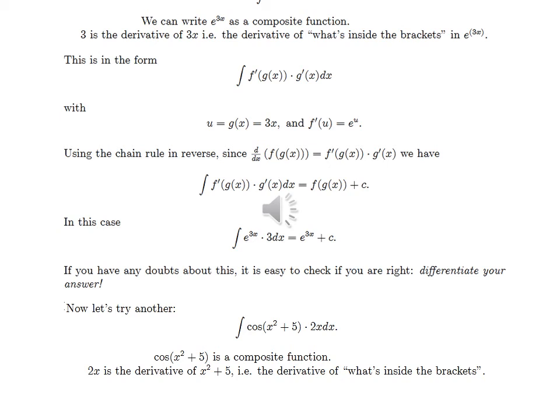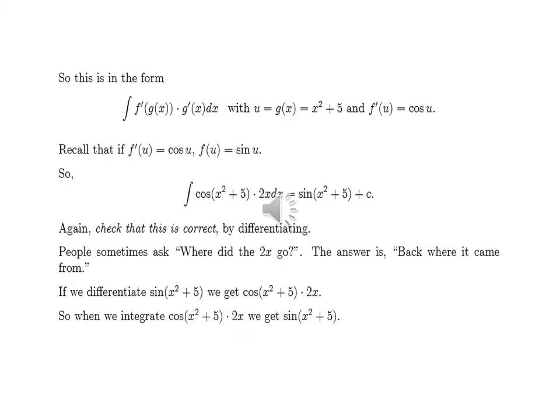So this is in the form integral of f dash of g(x) multiplied by g dash of x dx, with u equal g(x) equal x to the power 2 plus 5 and f dash of u equal cosine u.